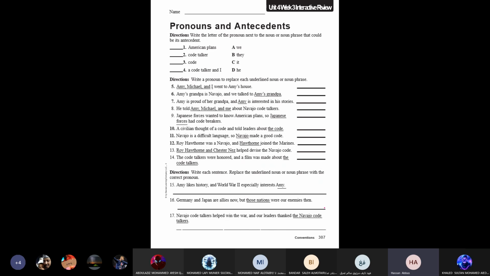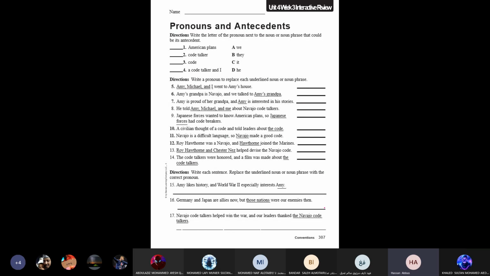Is this beginning or mid or end? Beginning. That means we need a subject. And when you get two nouns between them "and", that means you have to use a plural pronoun.